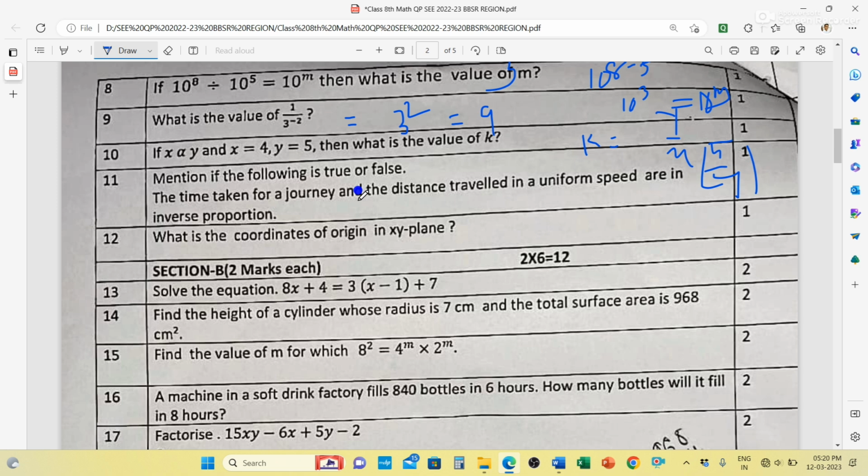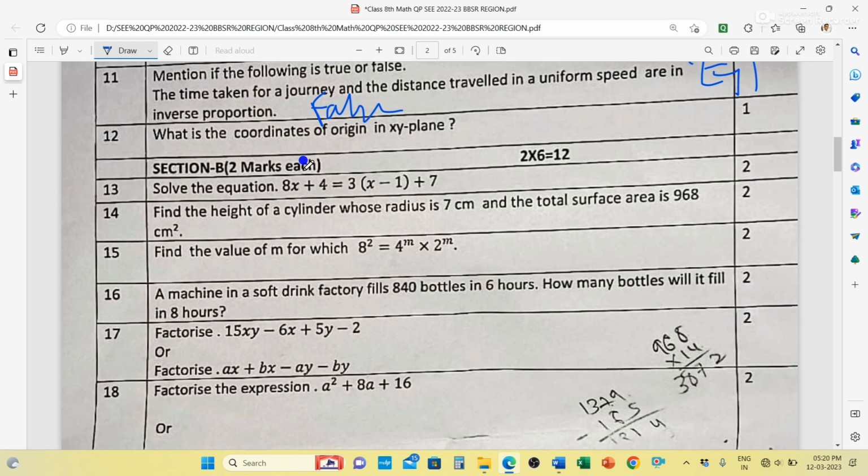They are in direct proportion. So this will be false. Next, what are the coordinates of origin in xy plane? Coordinate of origin in xy plane is 0, 0, because x is 0, y is 0.